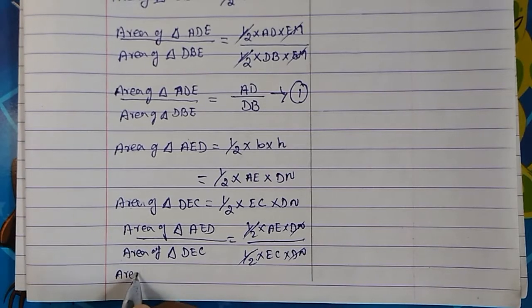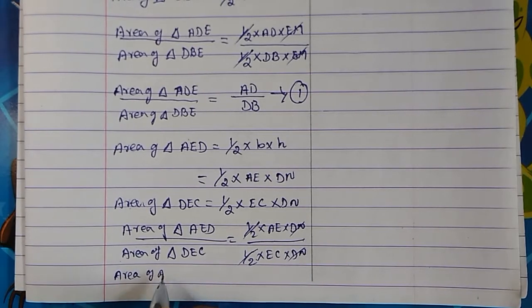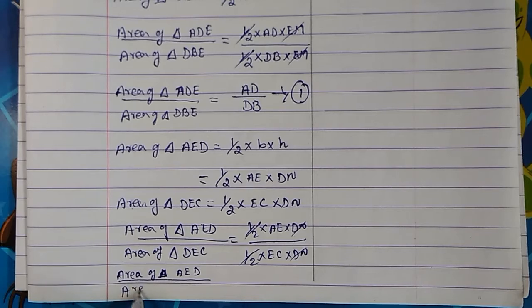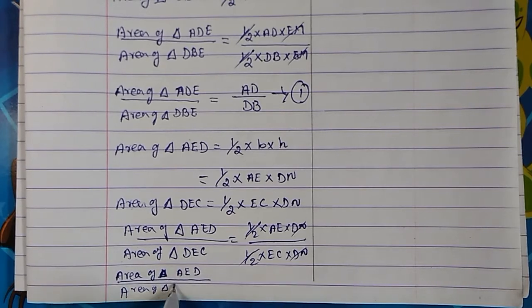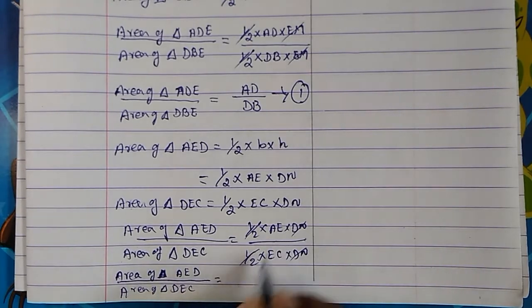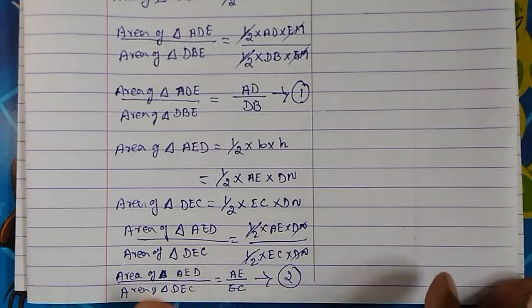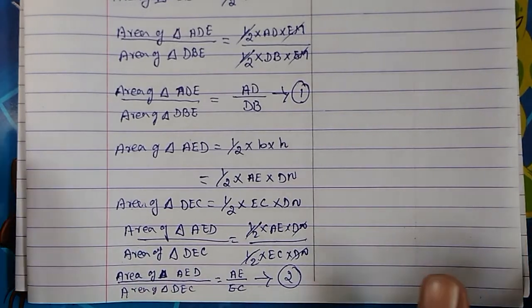So area of triangle AED upon area of triangle DEC is equal to AE upon EC. So this is our equation 2. Let's keep it to one side.